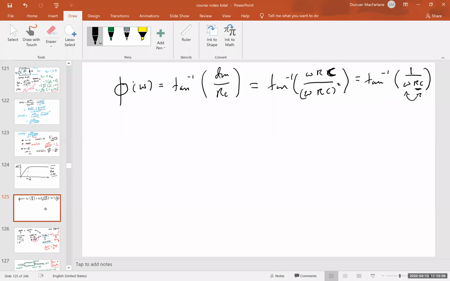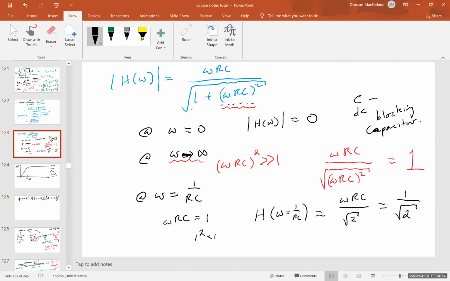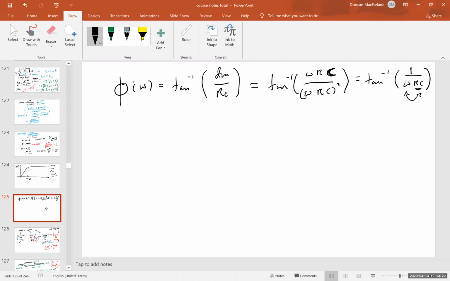So what I did was I plotted these two functions. I plotted the magnitude H of omega, and I plotted the phase of H of omega.